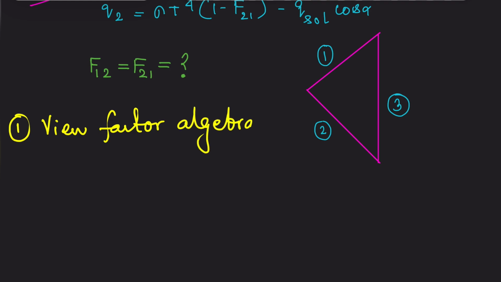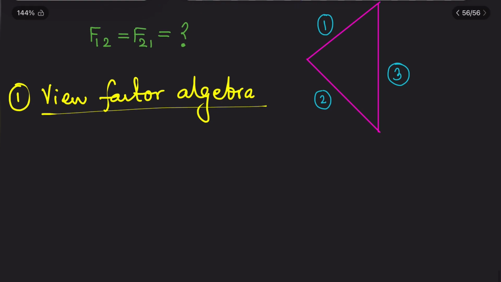Okay, so if you are a GATE aspirant, then you are supposed to do it by this method. And there is a standard formula also for any triangle, I think. And this is actually 90 degree.